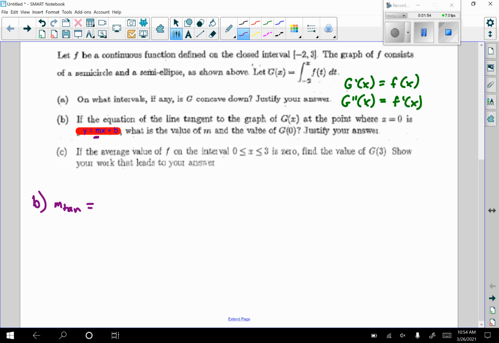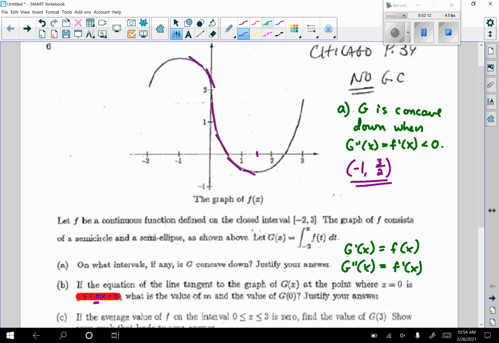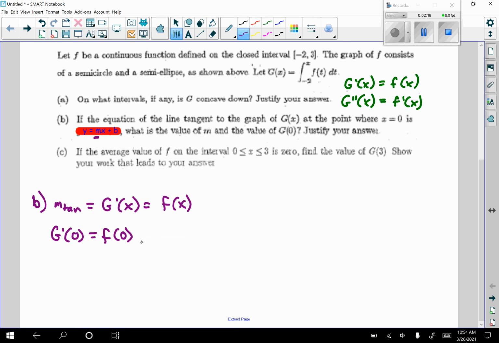And if we're looking at a tangent line to the graph of g of x, then that's equal to g prime of x. So at x equals 0 means g prime of 0. But remember, g prime of x is equal to f of x, so this is equal to f of 0, and we read the graph to figure this out. So f of 0 is 2. So the slope of our tangent line is 2.